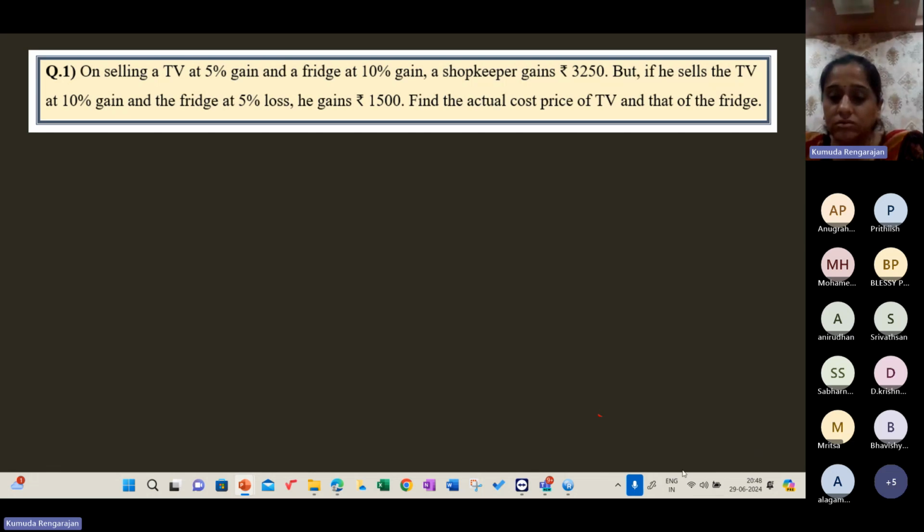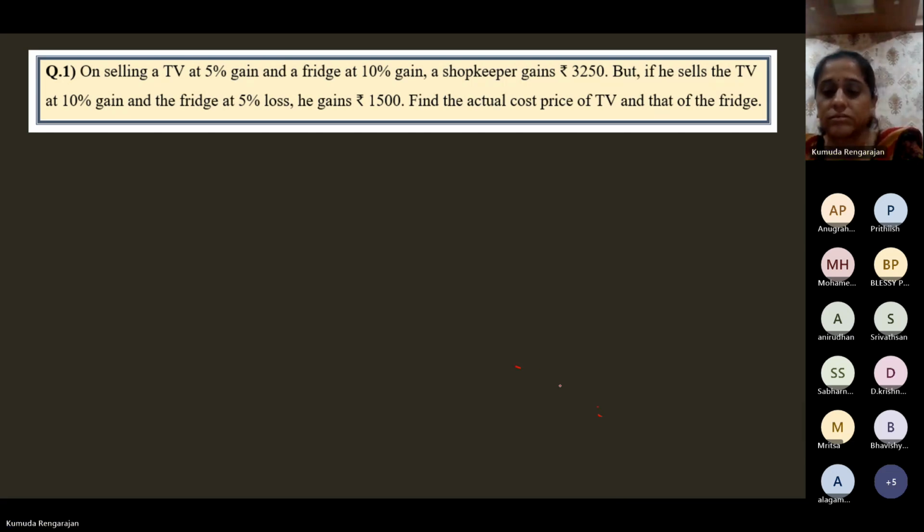Look at this question. On selling a TV at 5% gain and a fridge at 10% gain, a shopkeeper gains rupees 3,250.